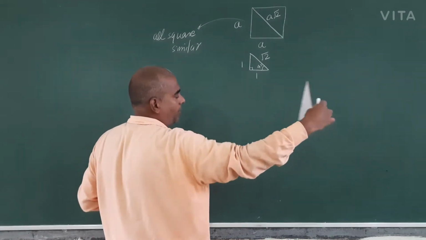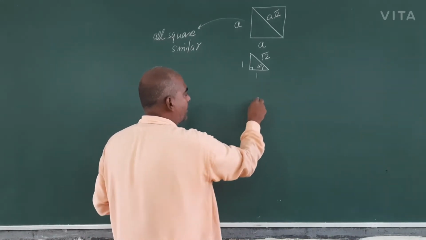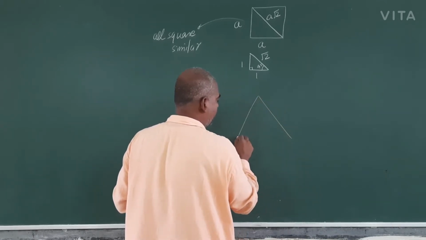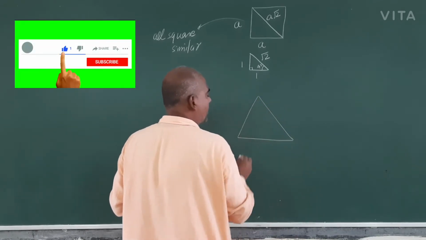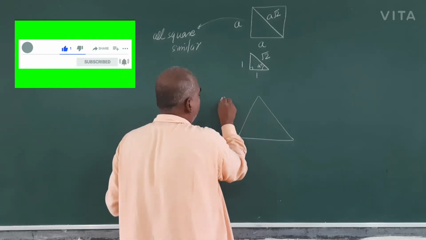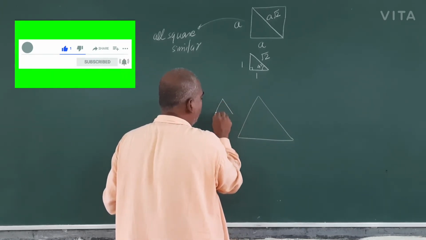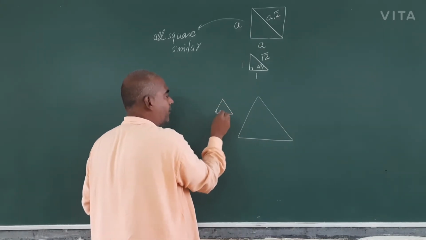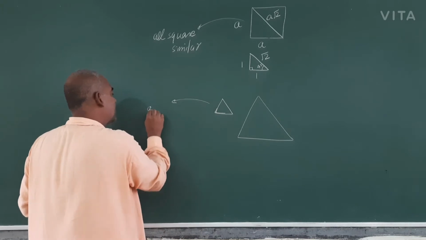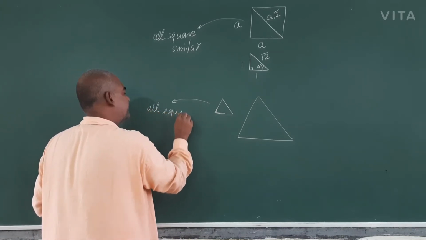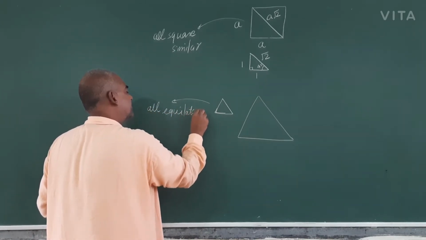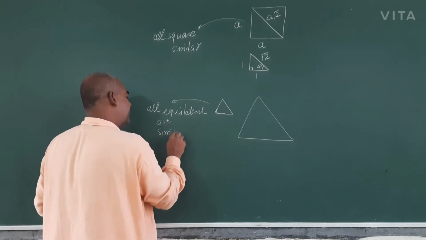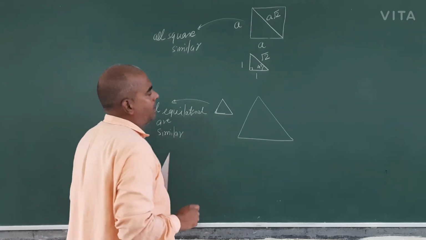Similarly, this type of triangle happens when you take an equilateral triangle. I'm not making it exactly. You can make a small equilateral triangle because all the sides are equal, and here angles are equal. So all equilaterals are similar.